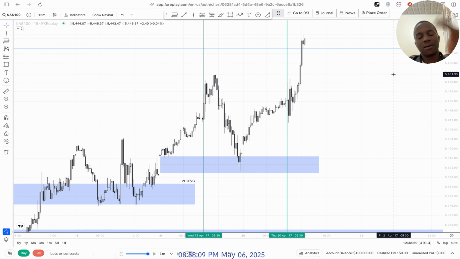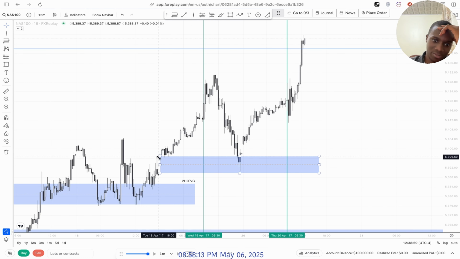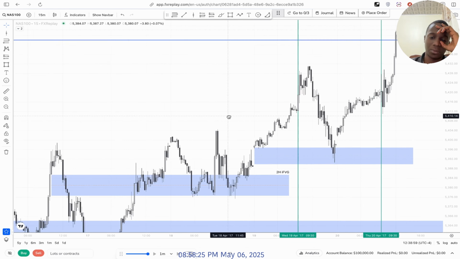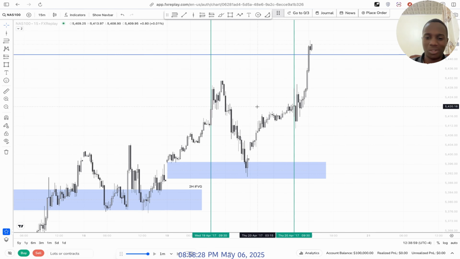So what we can learn from this price move is this volume imbalance would be a good zone, same as the way this one was a good zone, even though it wasn't retraced to, but good trade after all. It would be a good trade if we had taken some in this imbalance or of this to our inverse fair value gap.